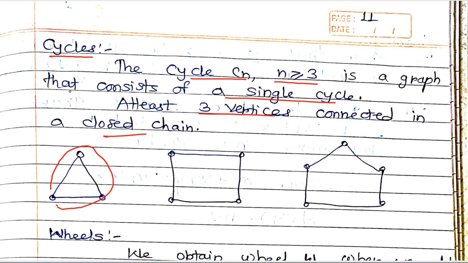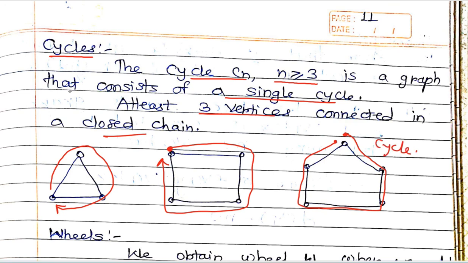Cycle means from one node you come back to the same node. If you start from this vertex and follow this path, you come again to this vertex, so it is a cycle.